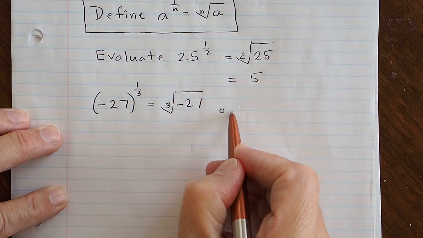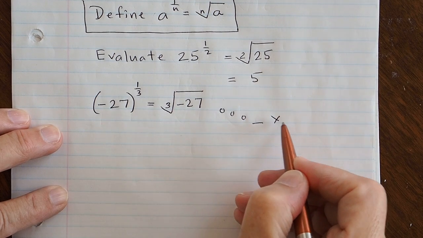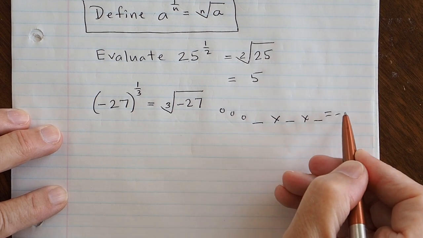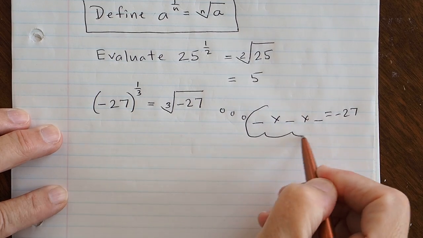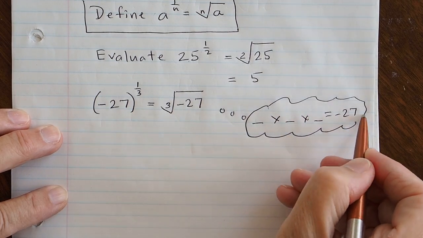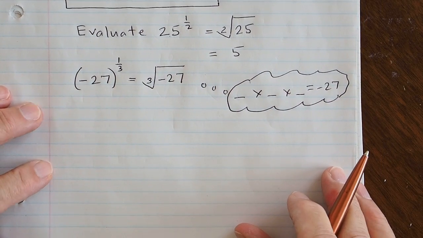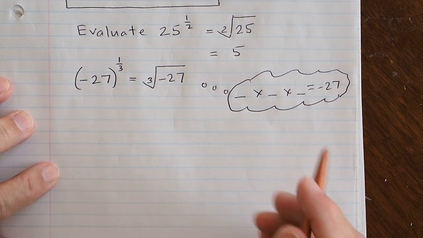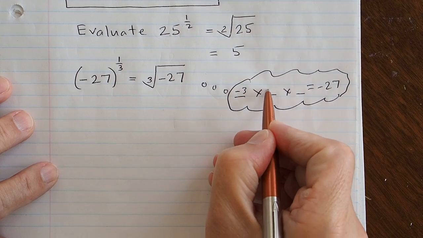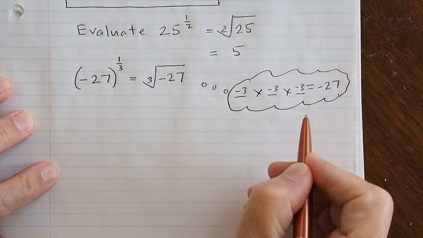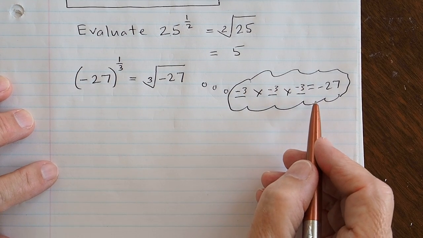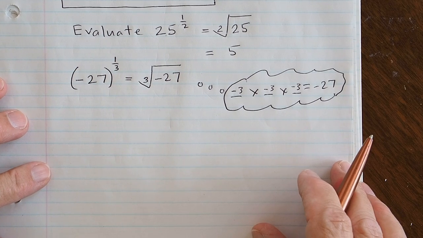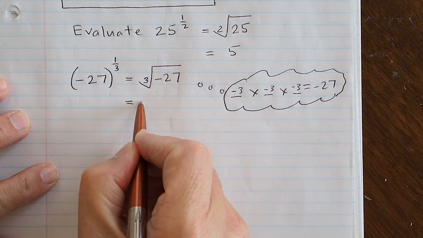So you have to think, what number times itself 3 times gives negative 27? Well, that would be negative 3 times negative 3 times negative 3. And this is best done in your head, trial and error. Don't reach for the calculator unless you have to. And that would be negative 3.